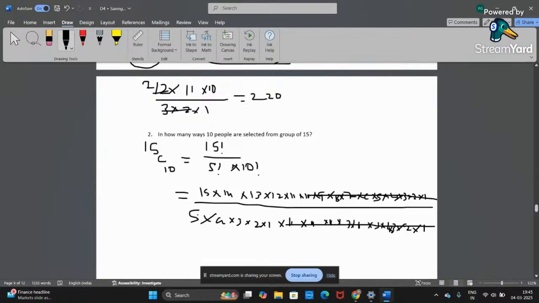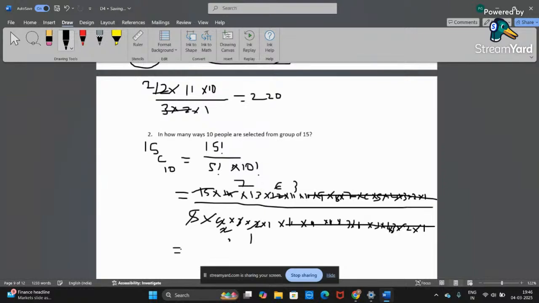Then simplify. 5 threes are 15, and this 15 will get cancelled. And the remaining numbers simplify.